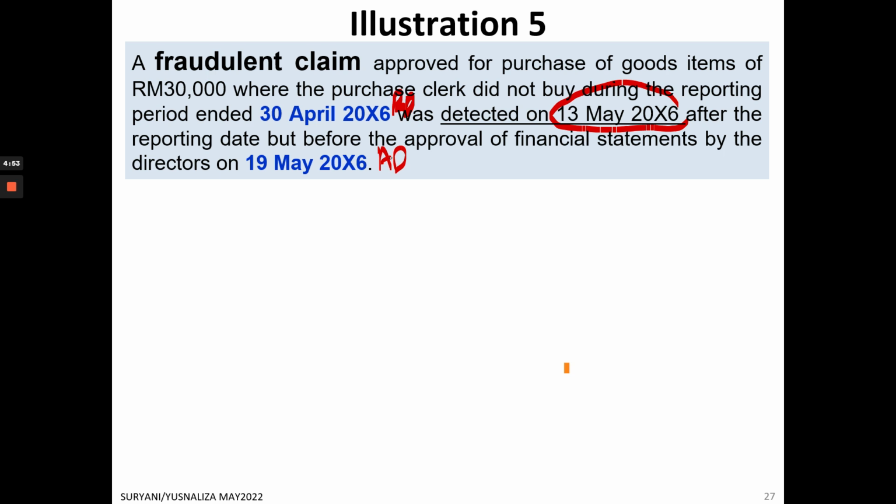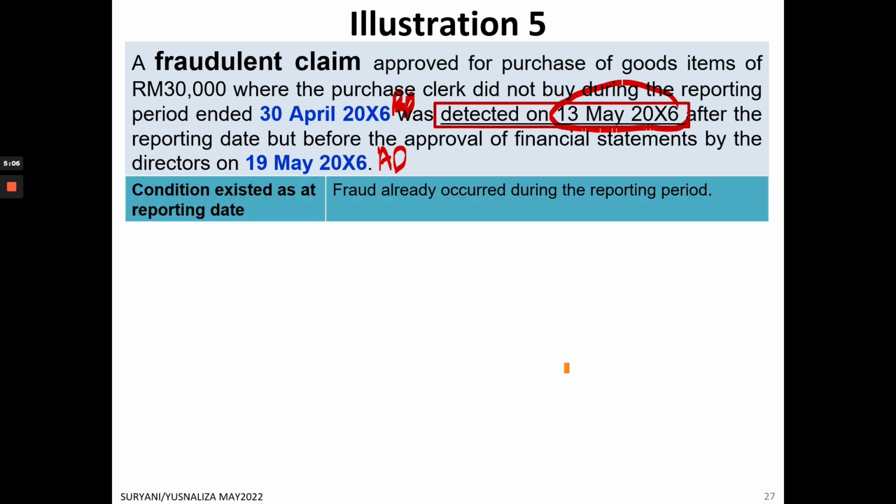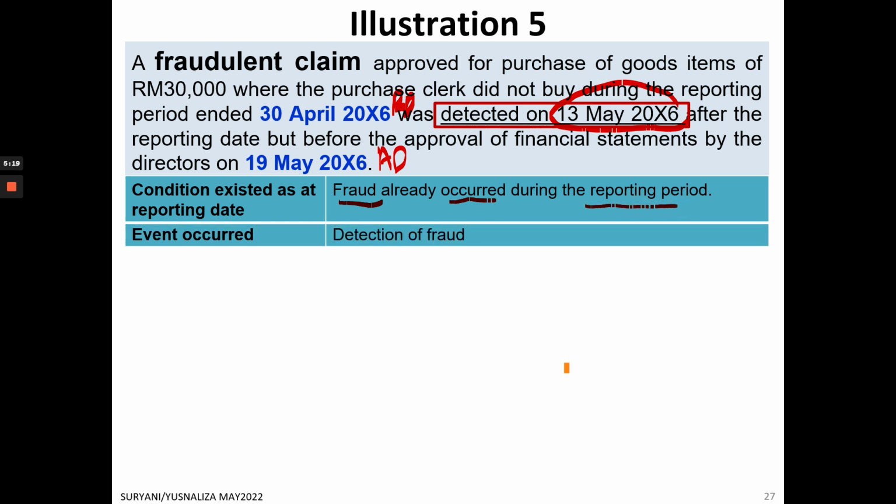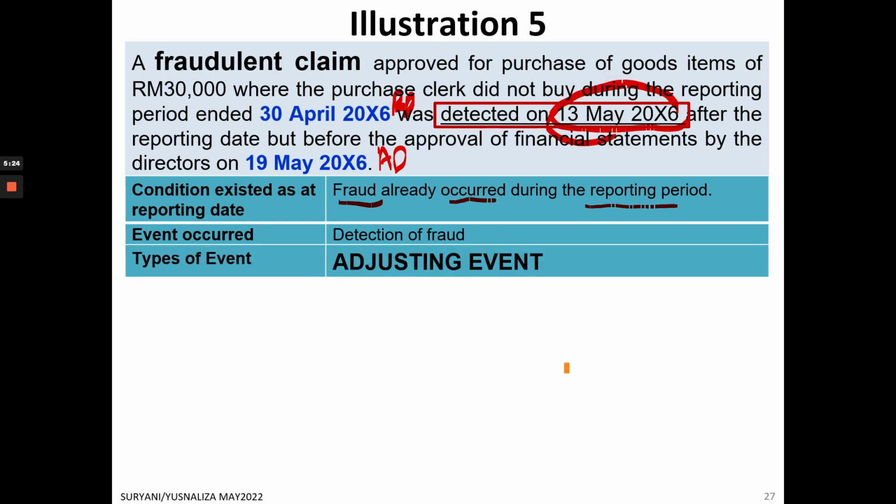So the event is after the so-called events after reporting period, and since there was a fraud in the financial statement, that fraud must be corrected. So that was detected, and therefore the condition that existed as at the reporting date is that there was already a fraud that occurred during the reporting period, and the event, which is the detection of fraud, was detected on 13th of May, and this is going to be adjusted, or else the financial statement will provide incorrect figures.